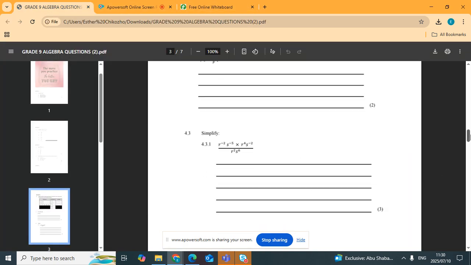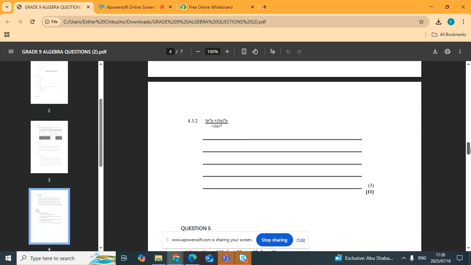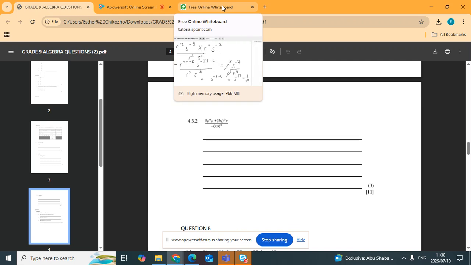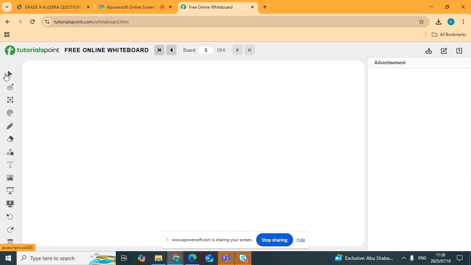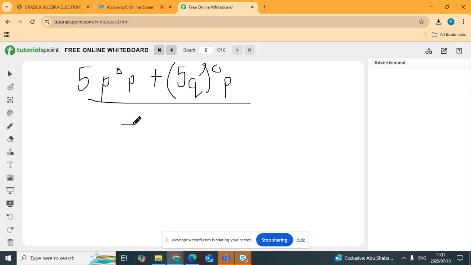Okay, let us go on to 4.3.2. Now, under 4.3.2, you're given the following question. You have got 5p to the power of 0, p, and then plus 5q to the power of 0, p, over minus 2p to the power of 2.